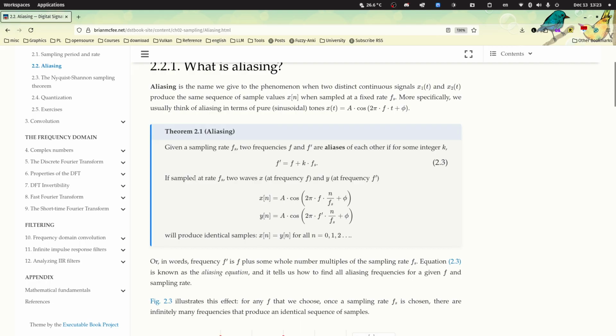If sampled at rate fs, two waves x and y, at frequency f and frequency f prime, will produce identical samples. They look different, but they will produce identical samples. With a little bit of algebra, we can show that.